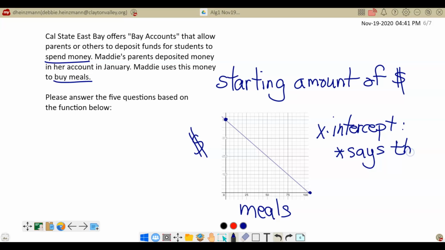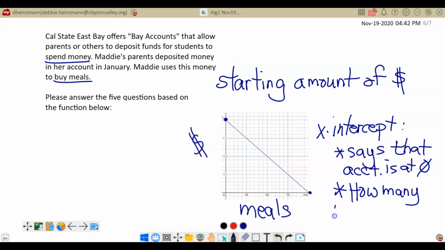Her account is at $0, and it also tells you how many meals she bought, right? So there's the answer to that question.